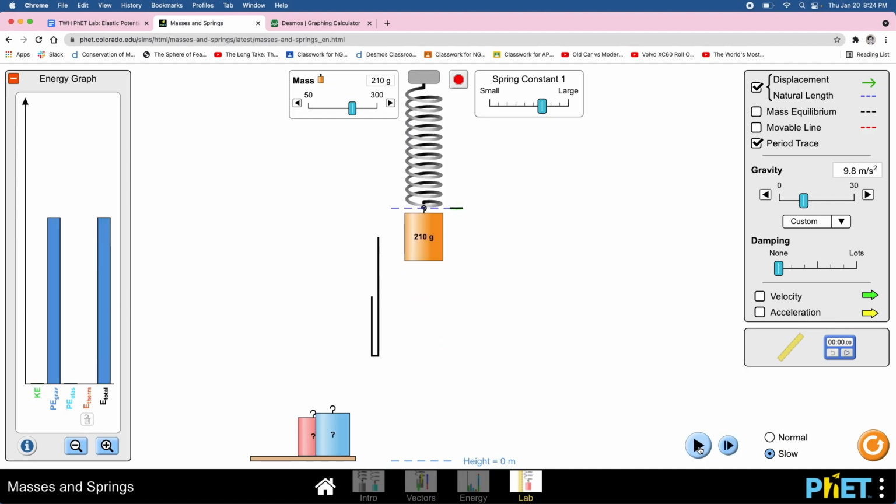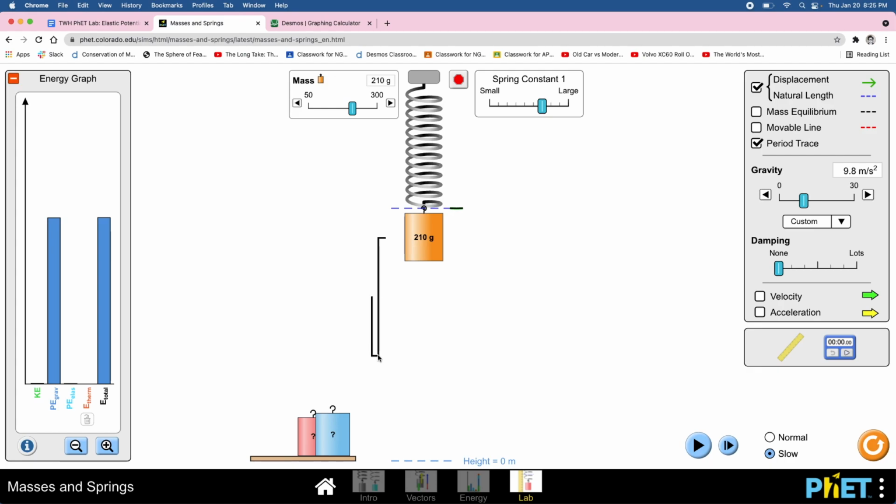There's a few things I want to mention. This trace can be a little bit confusing because, as you saw, it started tracing midway down its path. Another confusing thing is that the trace is tracing from the middle of the mass. It's locating the center of mass, and that's where it's making the trace.